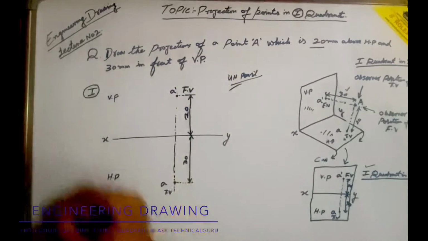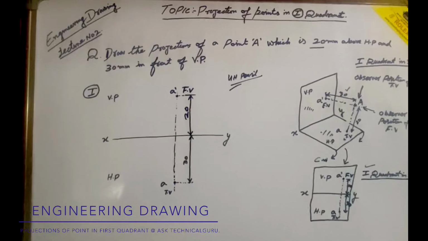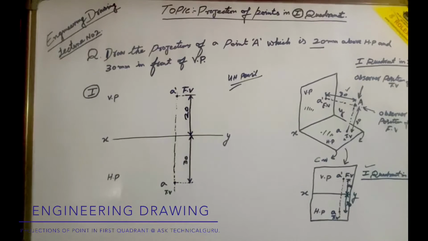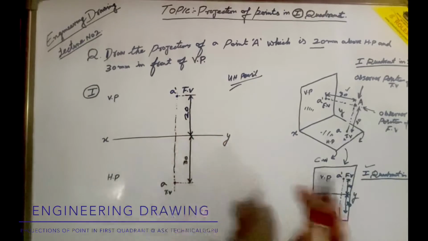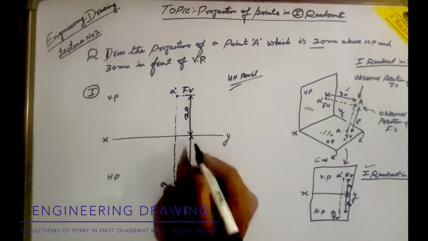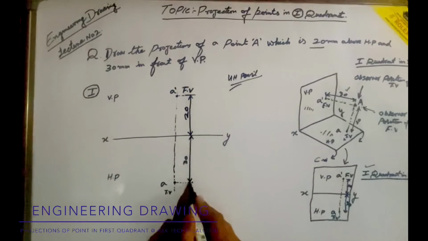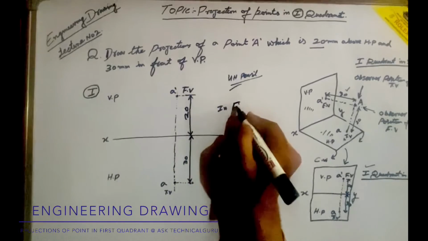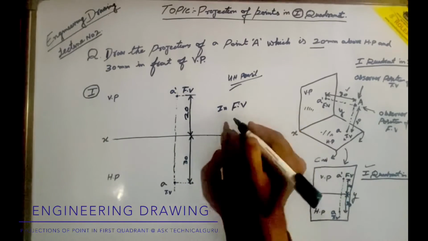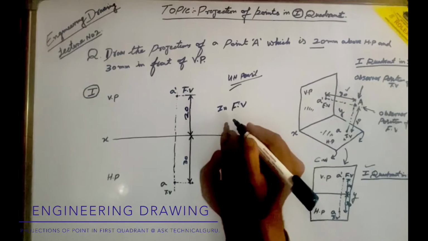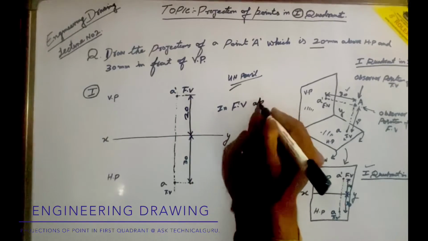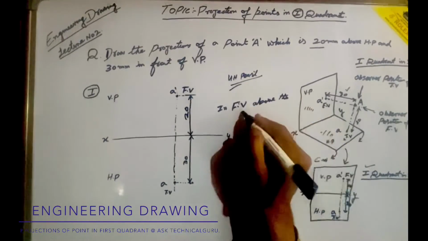So this is all about the point which is in front of vertical plane and above the horizontal plane. These are the projections of the point A, which is in front of vertical plane 30 mm and above horizontal plane 20 mm. So my dear students, it is now clear that in front view we are able to see how much is the object above the horizontal plane.